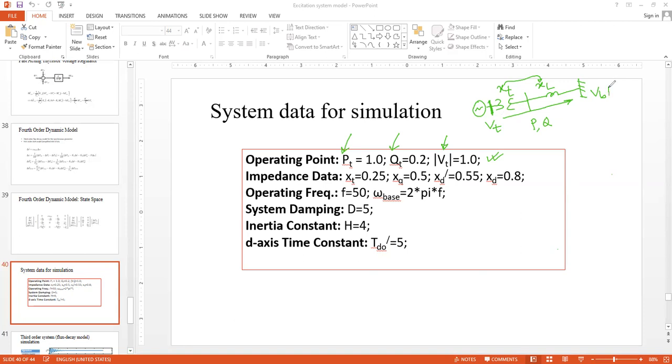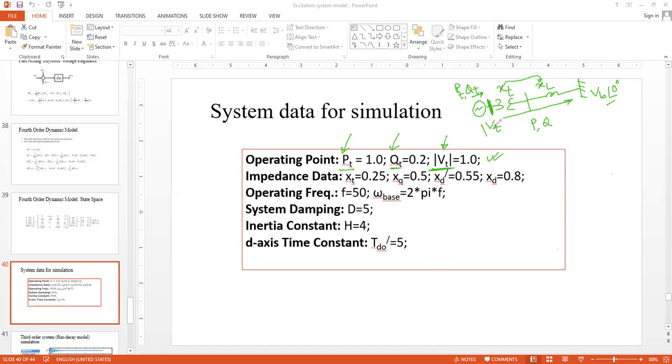Because we said that the infinite bus would be our reference bus, without loss of generality, we can consider that this angle would be 0. However, for this network, we are given VT, PT and QT. So we can say easily that at the generator terminal bus, these values, PT and QT, are actually given, and this is the reference bus.